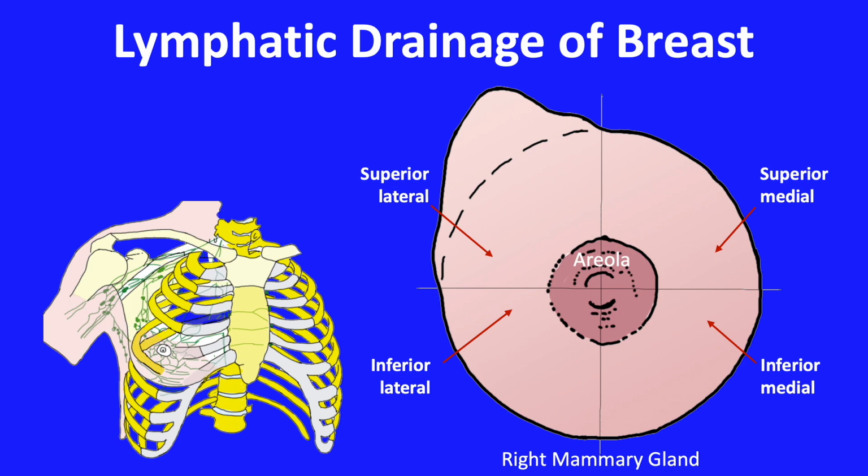It turns out that the main lymph drainage of the breast, approximately 75%, is to the superior lateral quadrant, and from here the lymph makes it to the various axillary lymph nodes. Thus, one take-home message is that the lymphatic drainage from the breast is not homogeneous.